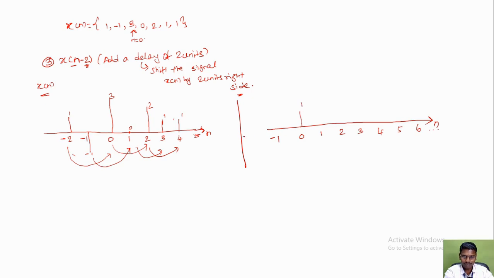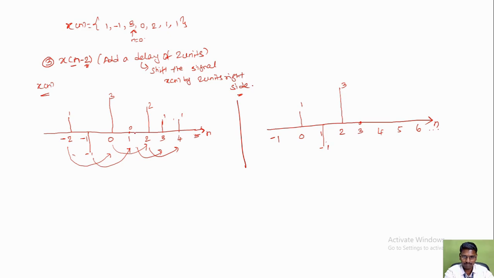So the 0th sample will have the value of 1, right? The minus 1th sample will be at the first sample position, so I will have minus 1 there, then sample 2 will have the value of 3, and sample 3 will have the value of 0.